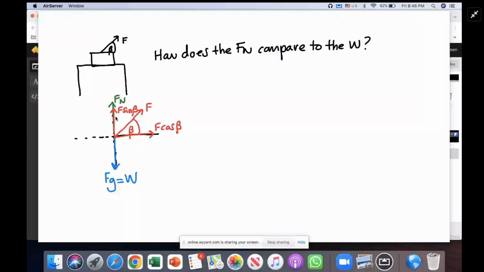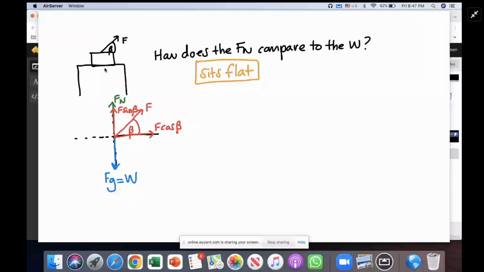Perfect. So now we just want to focus on our component forces that are on the axes. Now, remember what I said at the very beginning, that we are told that our block sits flat. So yes, it is being pulled on by this force, but it is sitting flat on the table, which tells me that my block is not accelerating in the Y direction.